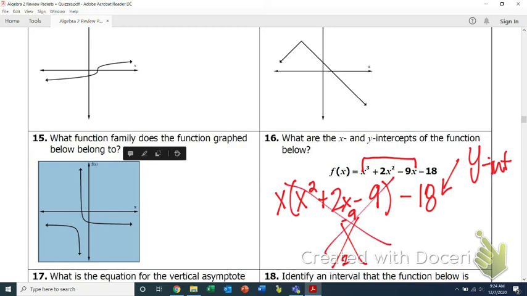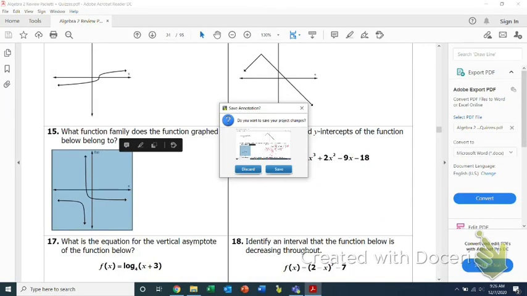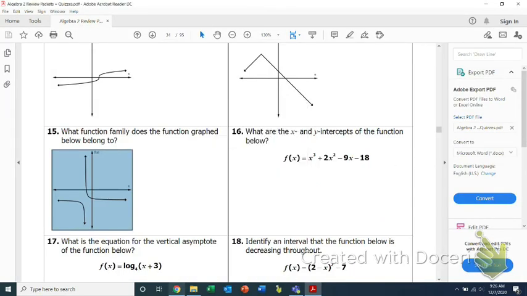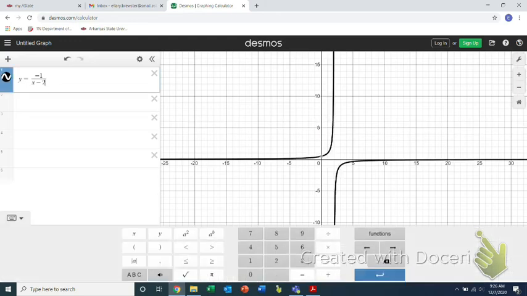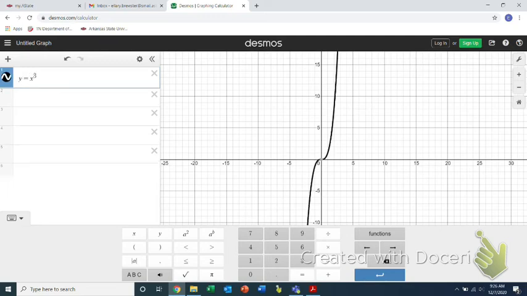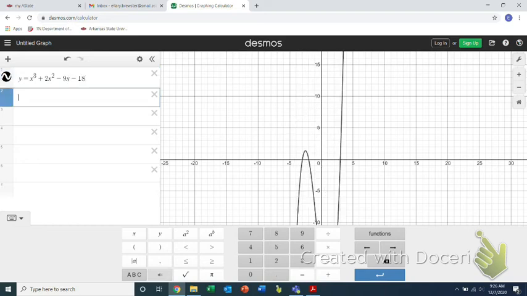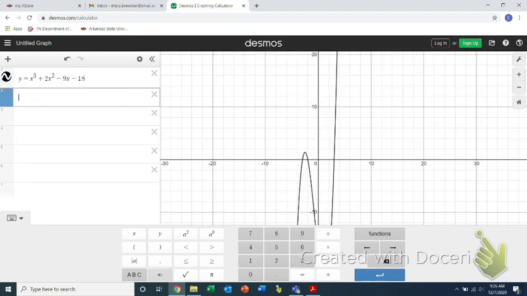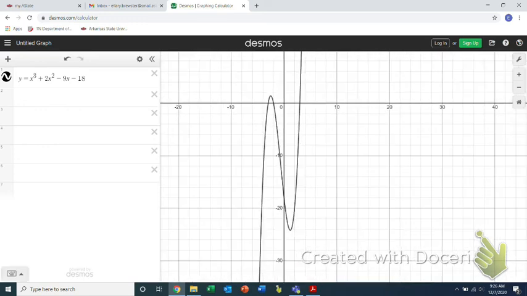My suggestion here is to go to your lovely y equals in your calculator and type in x cubed plus 2x squared minus 9x minus 18. Bam, look, it tells you everything right here.